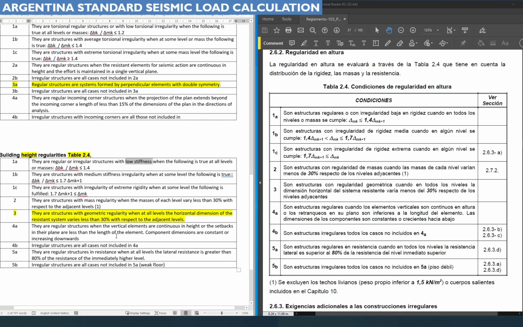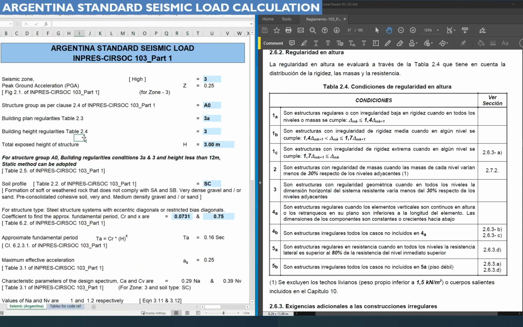Then fourth, 4a is regular structures, where vertical elements are continuous in height. 4b is irregular structures which are not covered in 4a. 5a is regular structures where the lateral resistance is greater than 80% of the resistance of the immediately higher level. And finally 5b is irregular structures not in line with 5a, for weak floors.